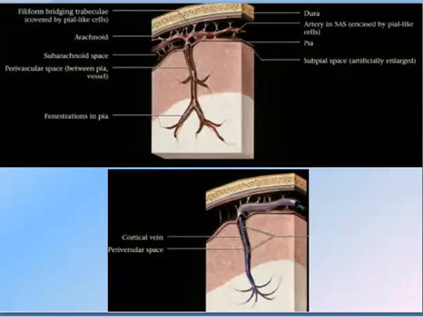Vessels, both arteries and veins, could be running in the subarachnoid space and penetrating, and these are called cortical vessels, different from those coming from the anterior and posterior cerebral circulations, carotid and vertebrals.